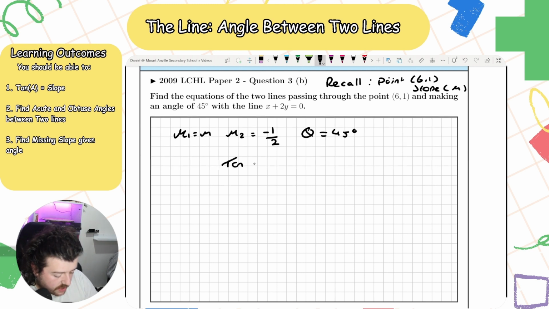So tan 45 is equal to plus or minus m minus -1/2 all over 1 plus m times -1/2.